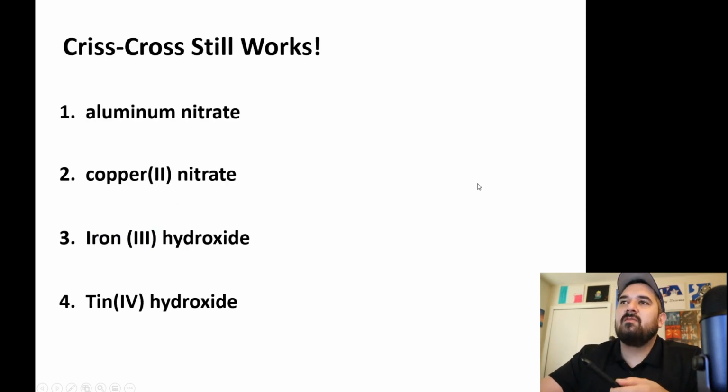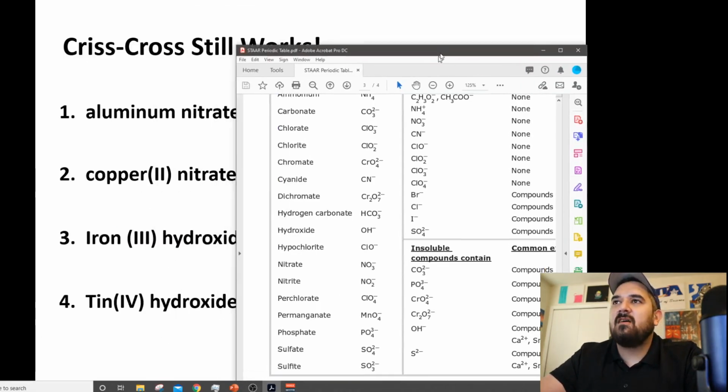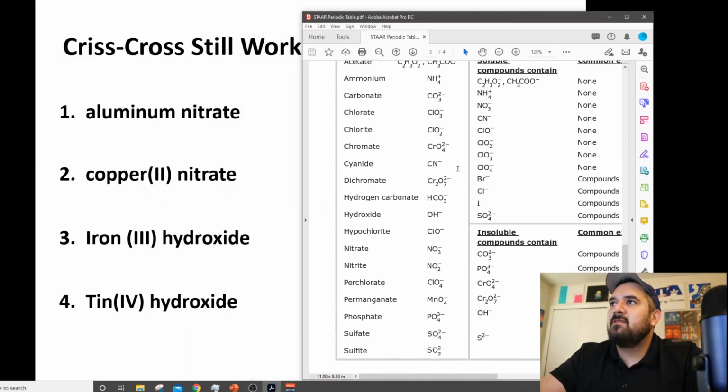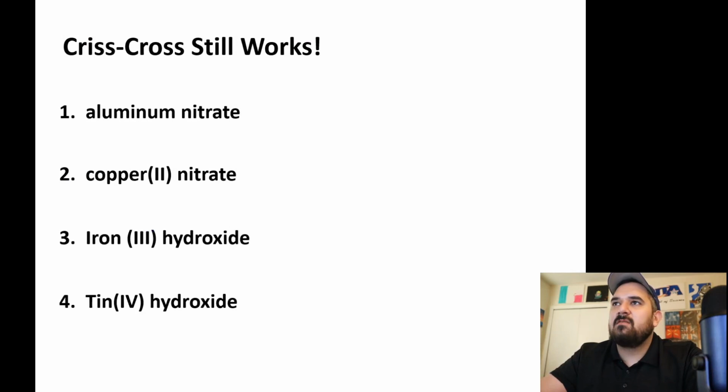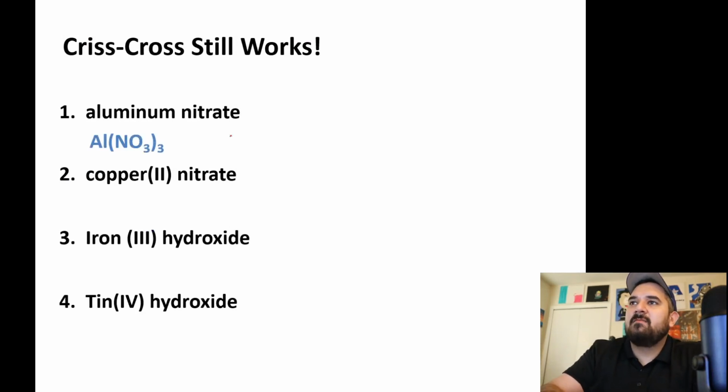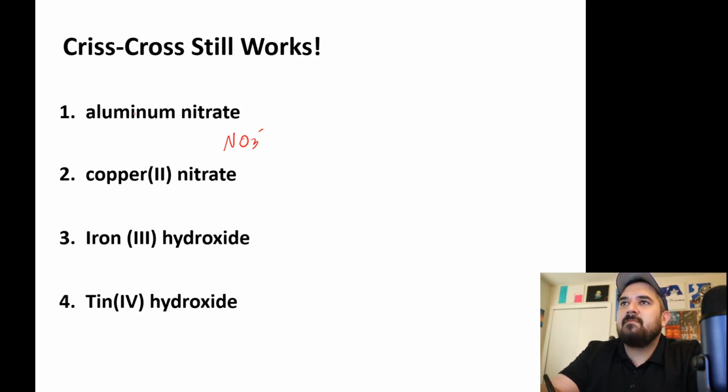All right, so let's go ahead and work with these. First one we have is aluminum nitrate. So nitrate is going to be NO3 minus. And then aluminum, Al.